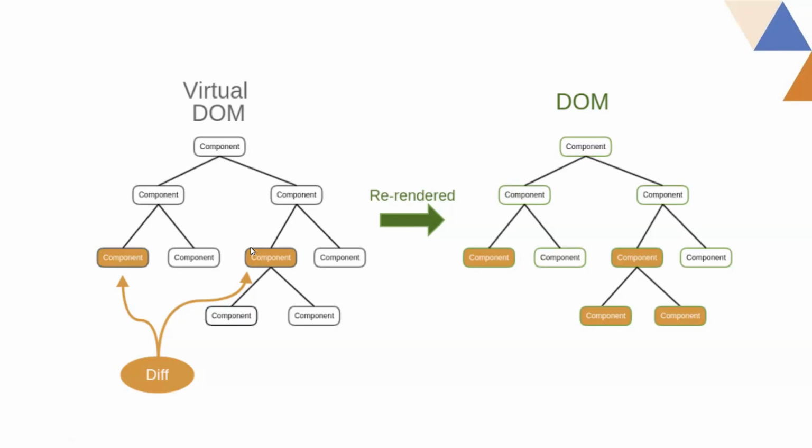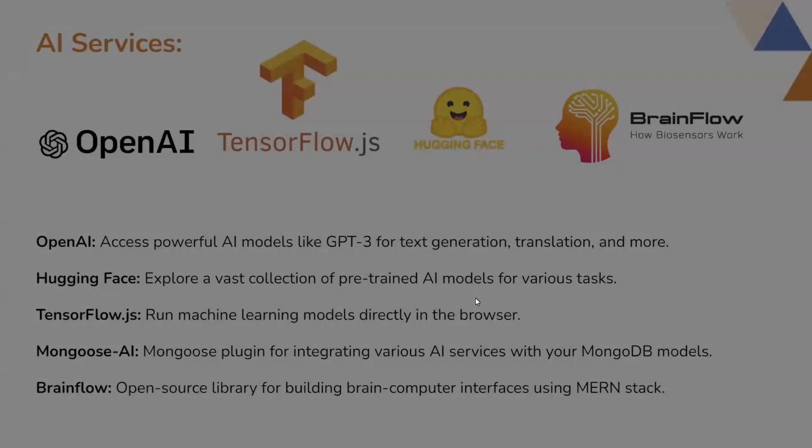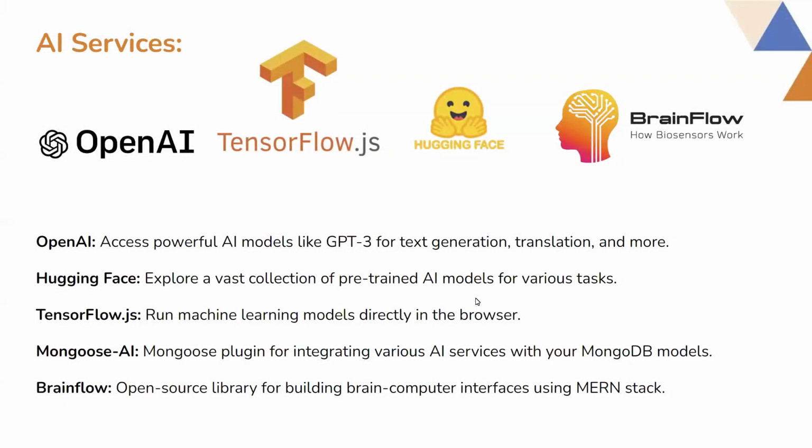Okay, our next topic is using AI services. While JavaScript empowers the creation of interactive websites, there are some limitations, because for machine learning or artificial intelligence models, JavaScript is not optimized for heavy computing tasks.